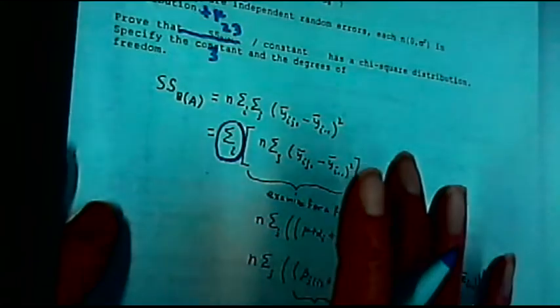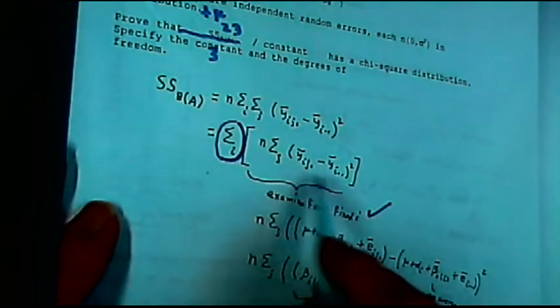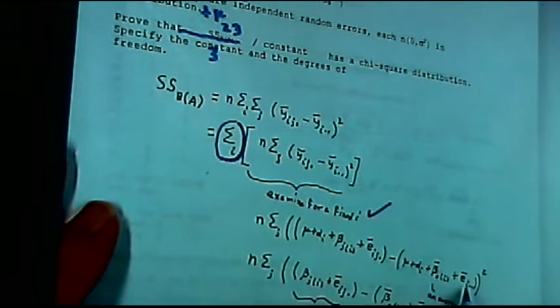So okay, i is fixed now as we continue. So we write down what these y bars are. Here's the first one minus the second one. And the mu's cancel, the alpha i's cancel, and I have beta ji.